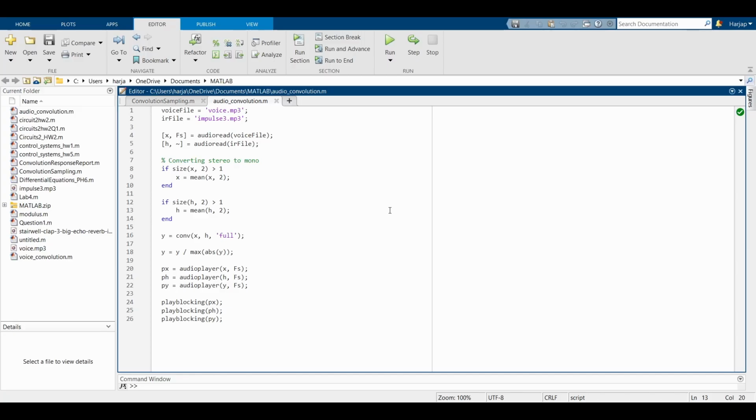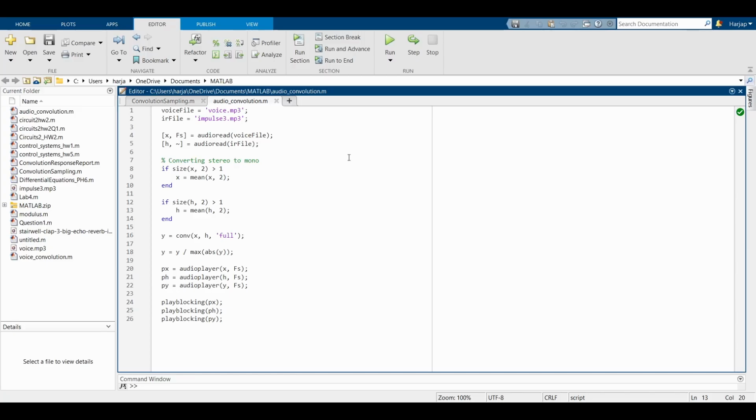In part two, we're going to be applying convolution to real audio signals. The idea is to make my voice sound as if it were recorded in a completely different acoustic environment. And so I have two audio files.